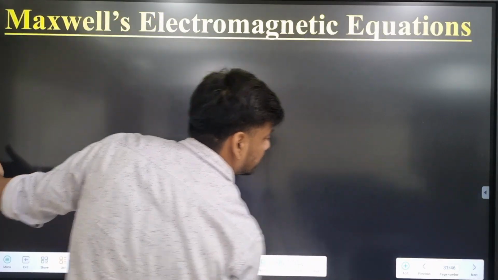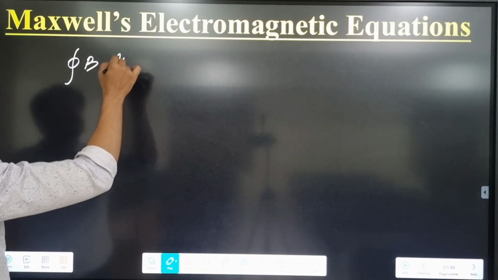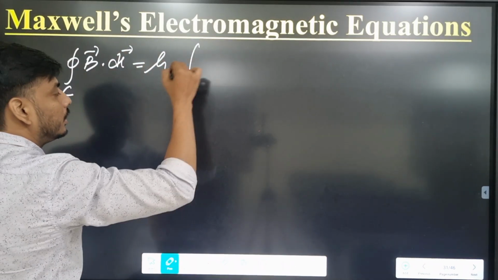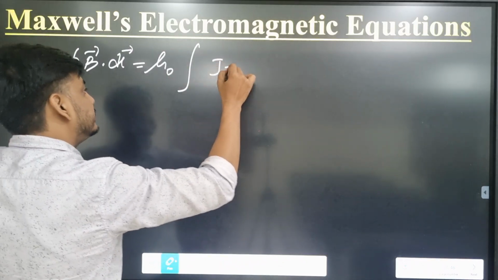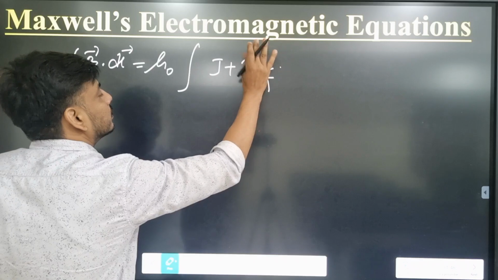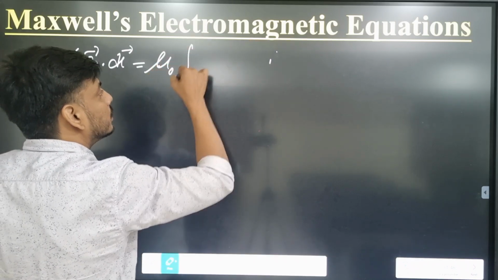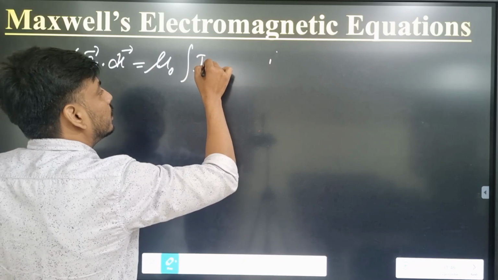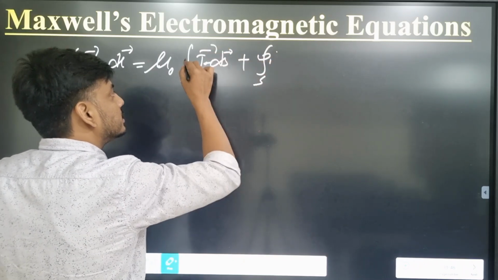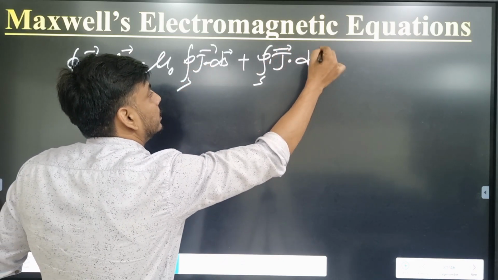The left hand side remains the same, that is the integral of B dot dl over C. On the right hand side we have mu naught; if we take the integration common, then J plus J_D, or if you get confused, let me first write the entire term: mu naught times the integral over S of J dot ds plus the integral over S of J_D dot ds.